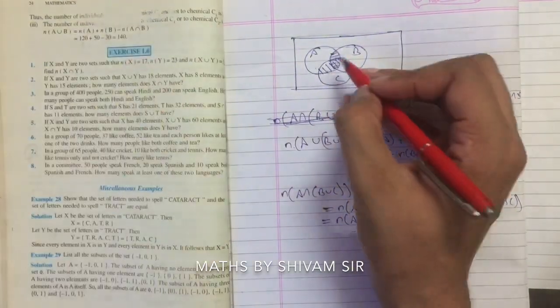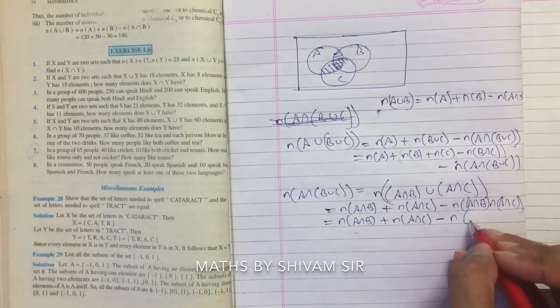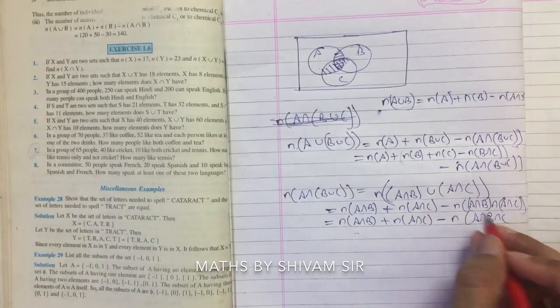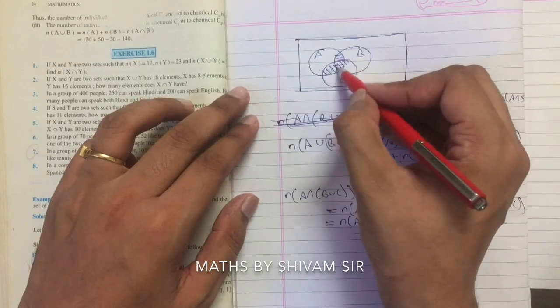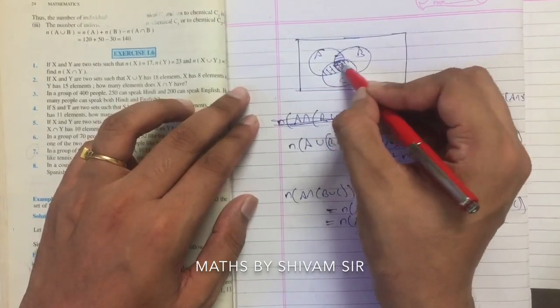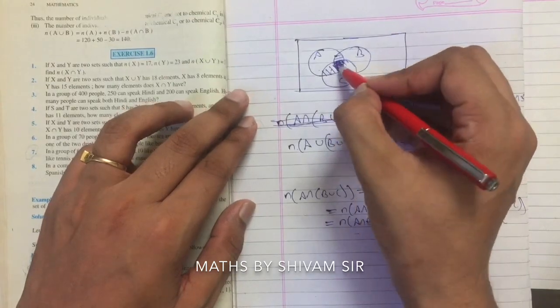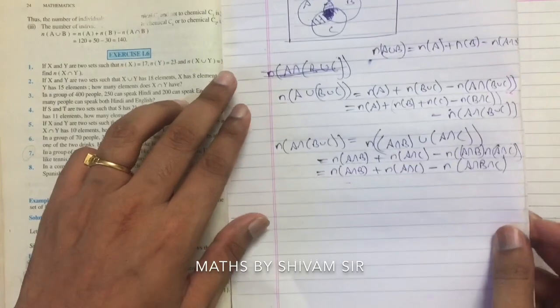So can I write this as minus the number of elements of A intersection B intersection C? Because here also we are taking the intersection of these two sets, and the intersection of these two sets is this centermost part. And what is this? This is A intersection B intersection C. So can I replace this with A intersection B intersection C, right?